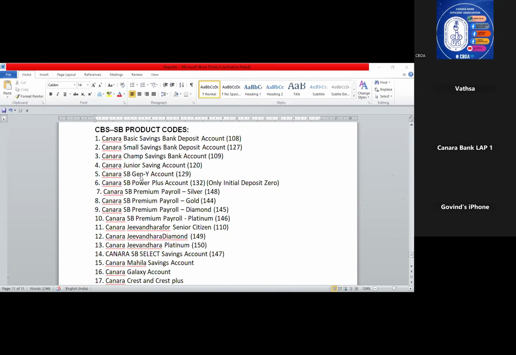And Gen Y, they are giving the product for the students of IITs, IIMs, NITs, Bangalore IISC, all those NITs and all. Okay, then comes all these things.